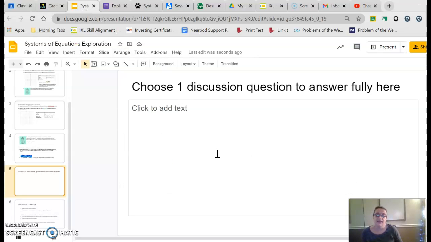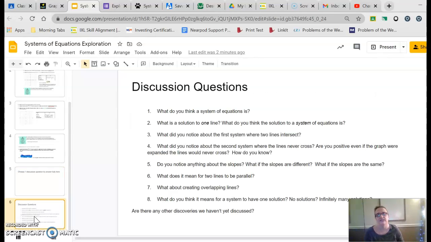So in this space, you should have the answers to 2 questions. Look at the assignment to get your number, and the questions are listed right here. We will talk about all of these questions in class, so if you want to answer some extras, or if you want to read through them just to get an idea what kind of things we're going to be discussing, that is a fine idea.